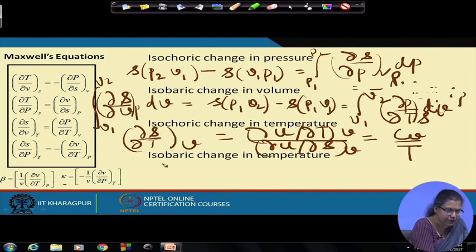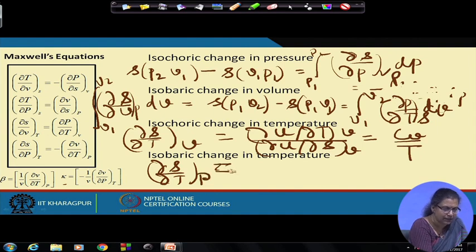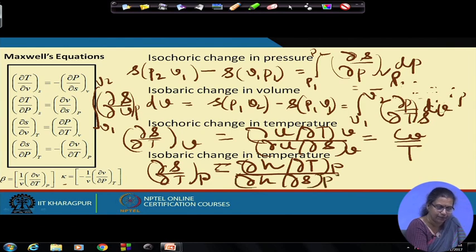In the same way, if you want to find out del S del T at constant P, we can simply write it down as del H del T at constant P divided by del H del S at constant P. All these things come from the cyclic rules.